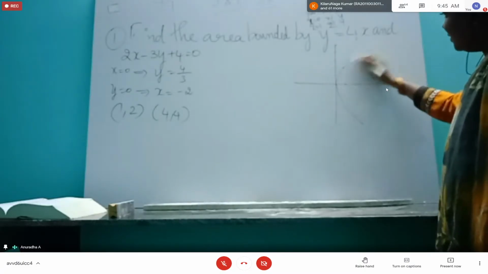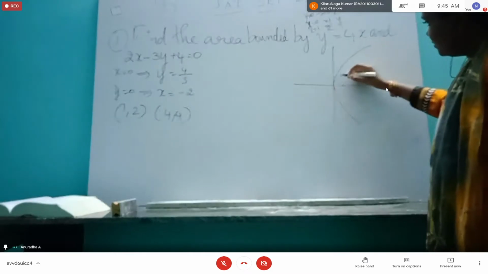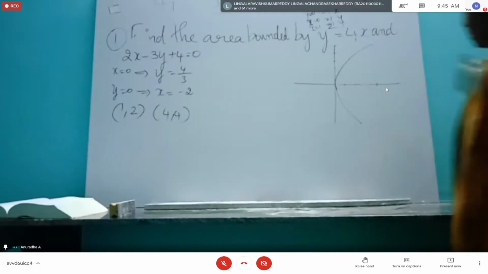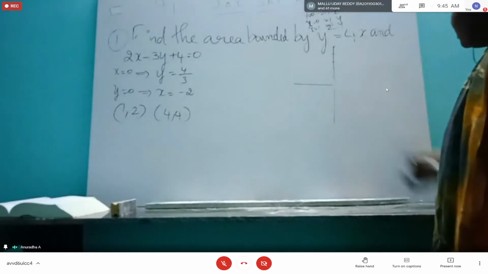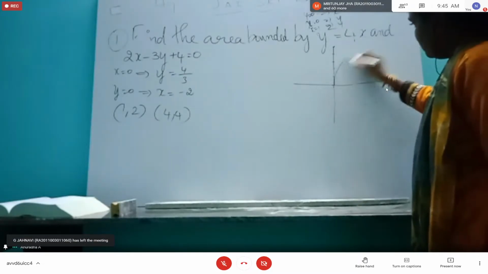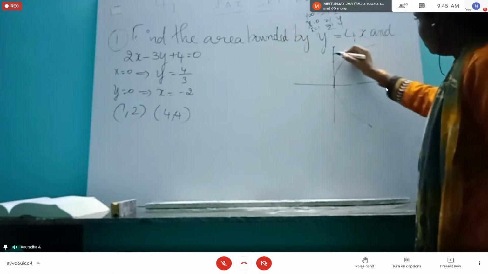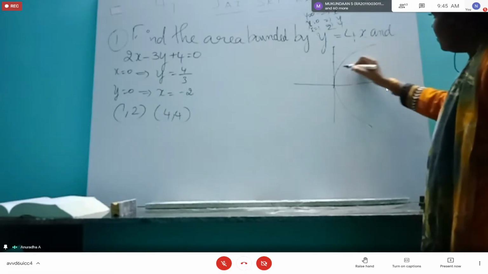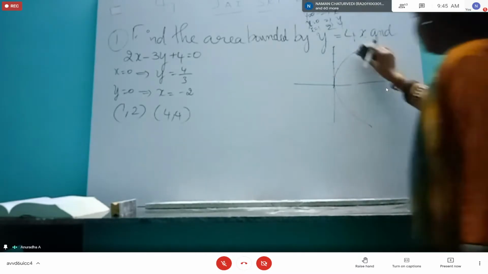Because I have to cut this, better I will draw it in a parabola form with a curve instead of a straight line. So 1 comma 2 will come here, 2 comma 4 somewhere here. At least some portions we need, or I will take a bigger scale.